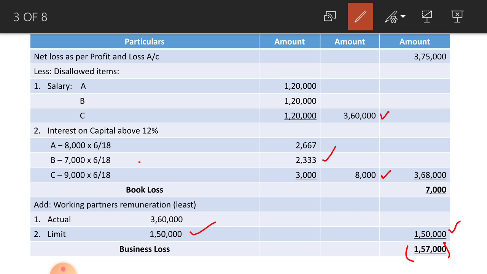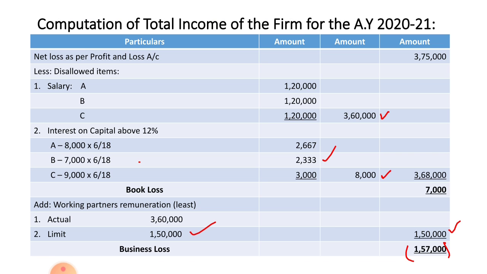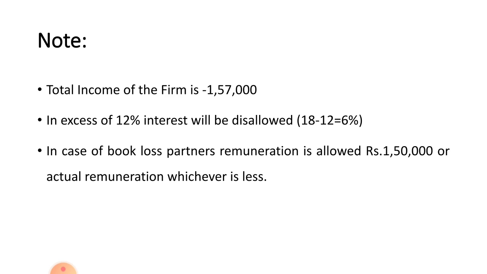Okay. This is about calculation of book loss and business loss when net loss is given. This type of problem may ask in your exam. See the note. Total income of the firm is 1,57,000, that is in minus figure. That means business loss of rupees 1,57,000.